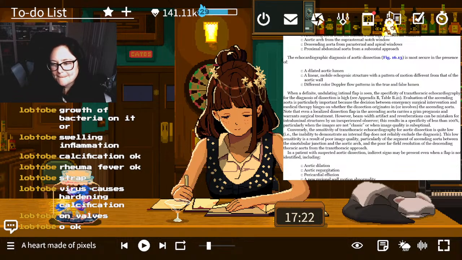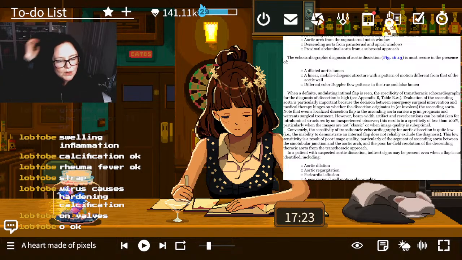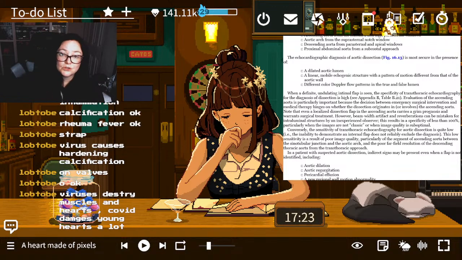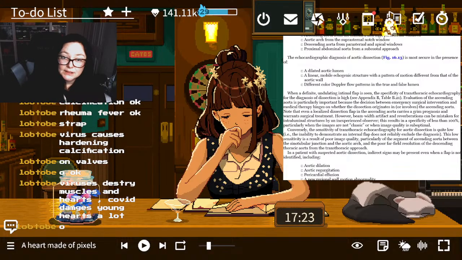Yeah. Also, if you have a blood disease, if you've got a bacterial infection like sepsis, it can cause vegetation growth on your valves, but that causes more than just stenosis. That can cause regurgitation, prolapse, all kinds of stuff too. You can get a stroke from that stuff. It was that virus, honestly.